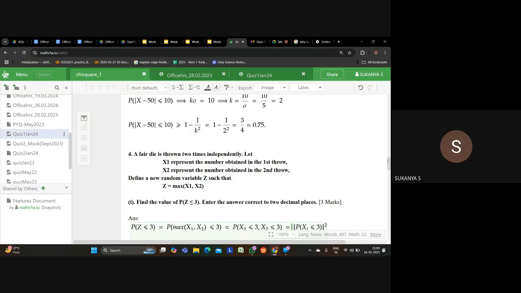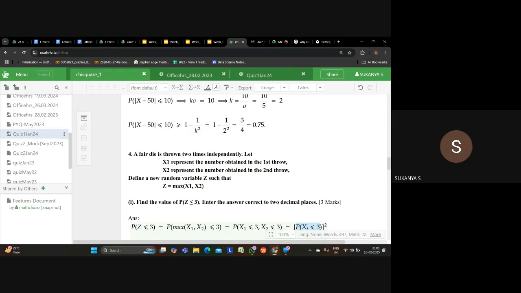Okay. So probability of xi less than or equal to 3, the whole square. Now what is probability of xi less than or equal to 3? No, 1 by 2. Yeah, it is 1 by 2. How did you get that? What are the favorable outcomes? 1, 2, and 3.